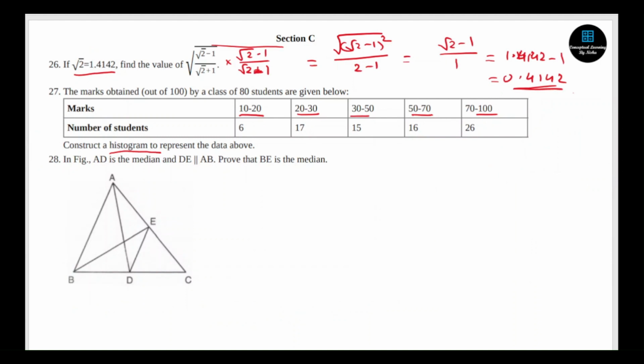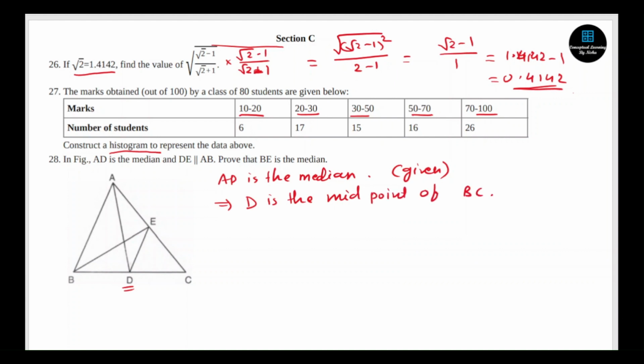Now coming back to the next question. Here in this triangle, AD is the median. Now if AD is the median, this is given to us, right? So what I can say, D is the midpoint of BC, correct?